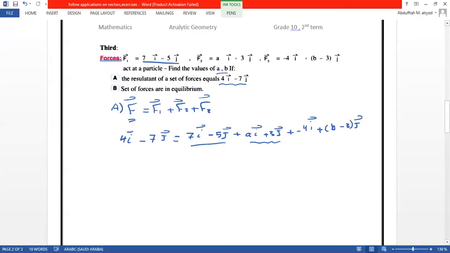Now we will equalize all the i coordinates.